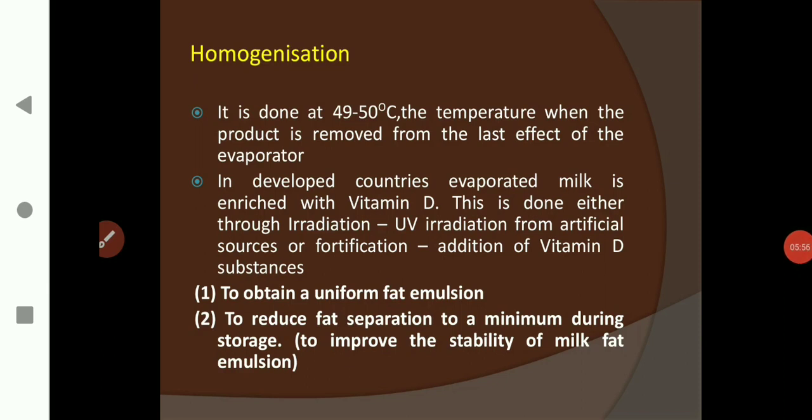It is done to obtain a uniform fat emulsion and to reduce fat separation to a minimum during storage. And it is done in two stages: 2000 psi in the first stage and 500 psi in the second stage. Okay. And it is normally done at 49 degrees Celsius, because it is the temperature at which the product is drawn from the last effect of the evaporator.